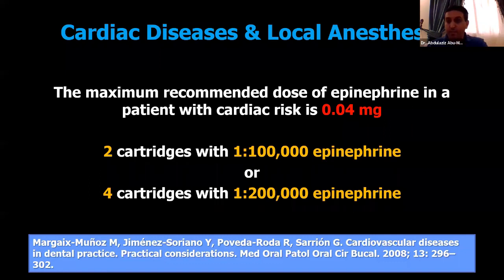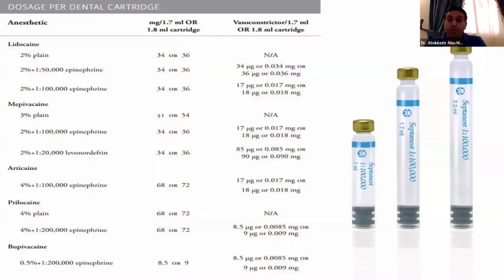This is just a standard, because in the market we don't have the same carpule every time. You will be surprised, there is 1 milliliter, there is 1.7, and there is 2.2. It's different inside the content. You need to know the medication by milligram. So let's go for an example. The most common we are using is 2% with 1 to 1,000 epinephrine.